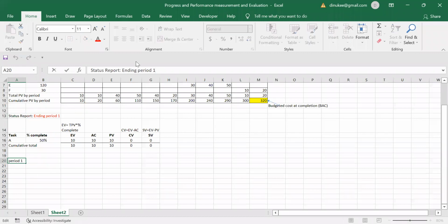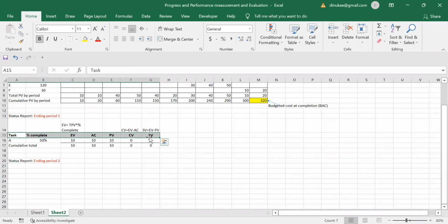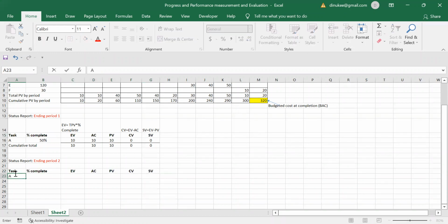So ending period now 2. Status report ending period 2. In that ending period 2 also I have to take these figures here. And here also the task is only A, right?